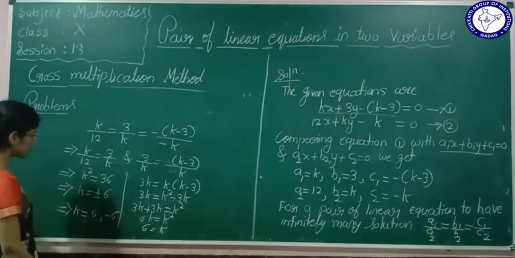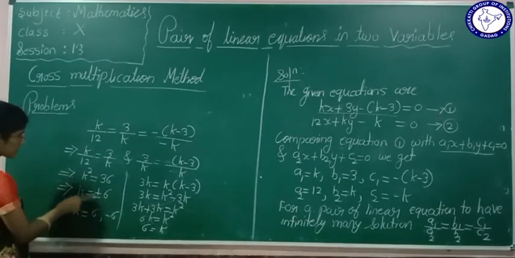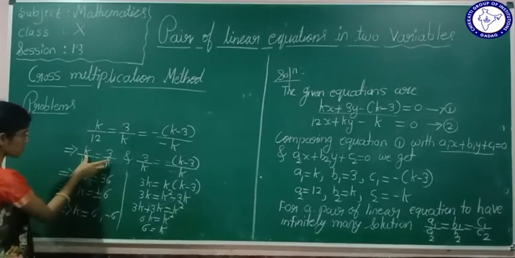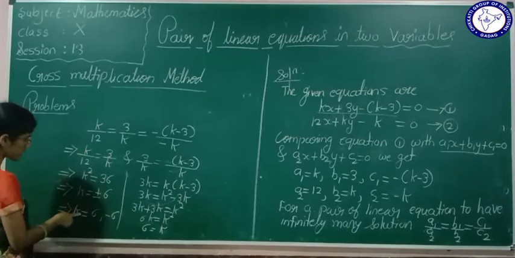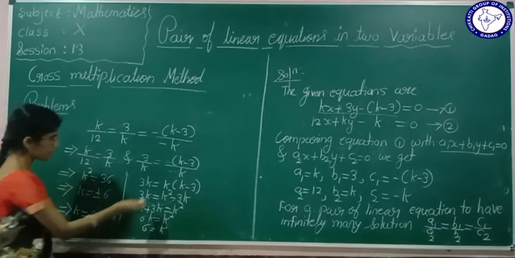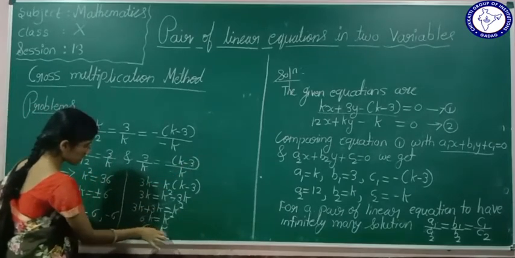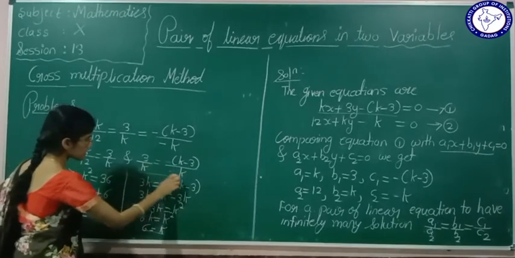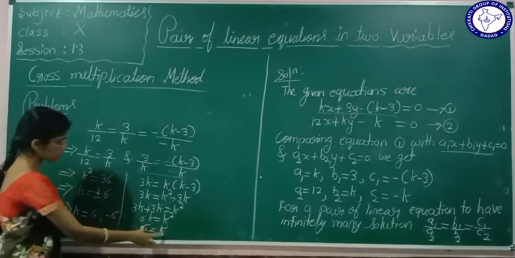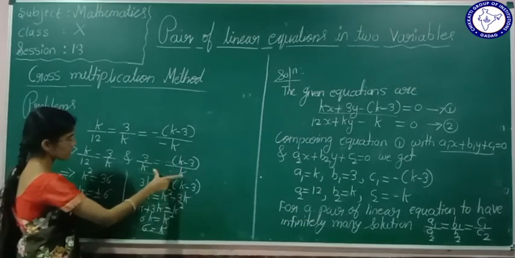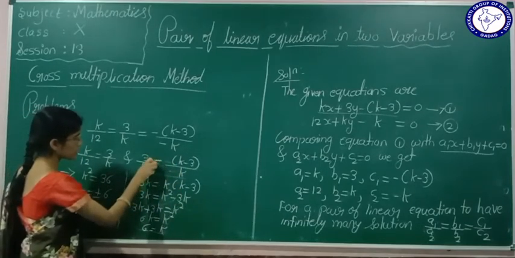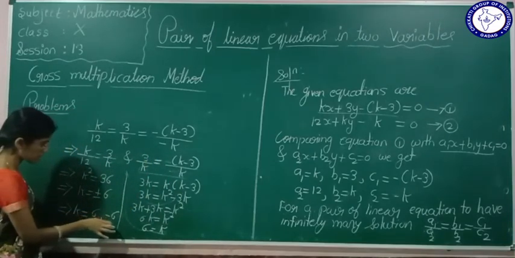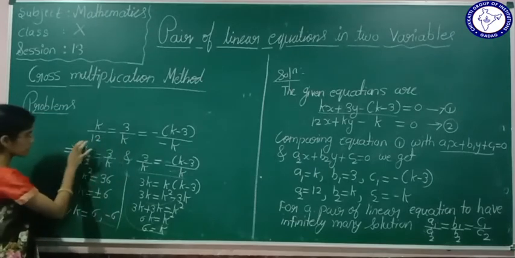Now see here, k is equal to 6 is valid for these two conditions, and here k is equal to 6 and minus 6 is valid for these two.